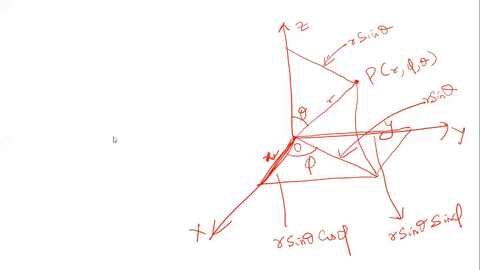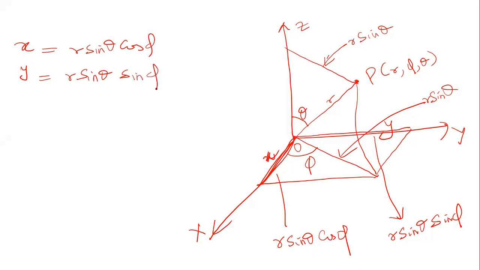So x is r sine theta cos phi and y is r sine theta sine phi.